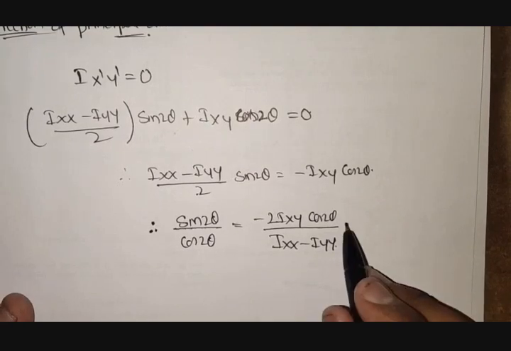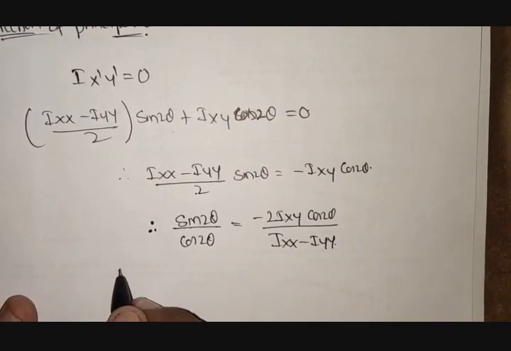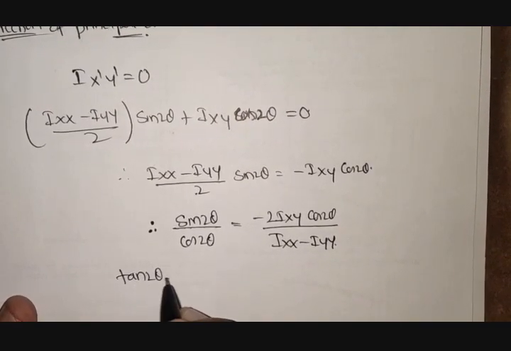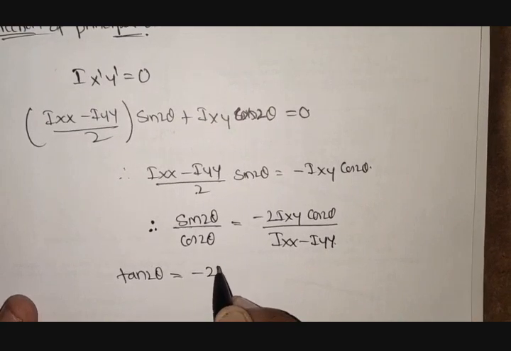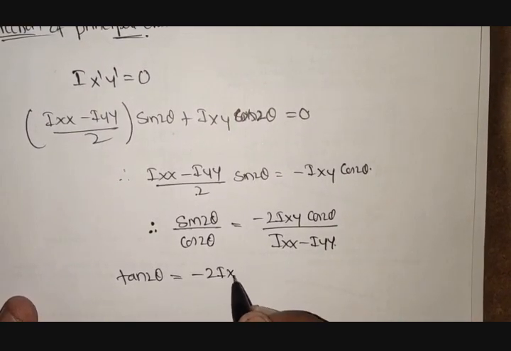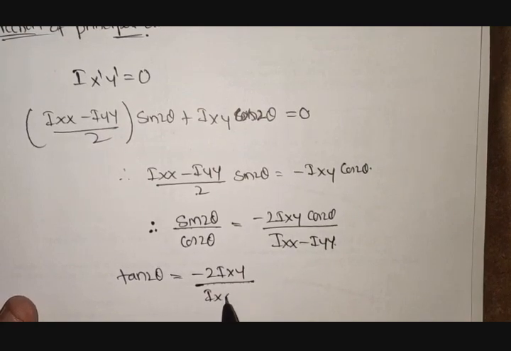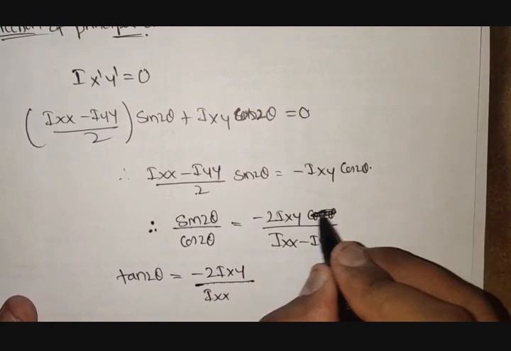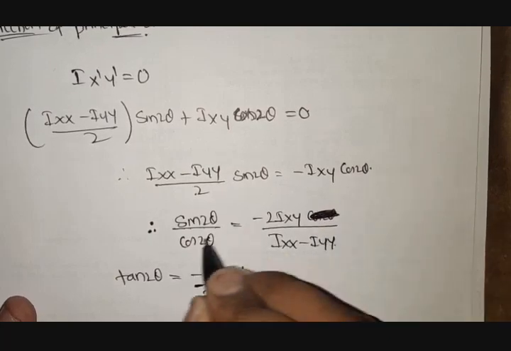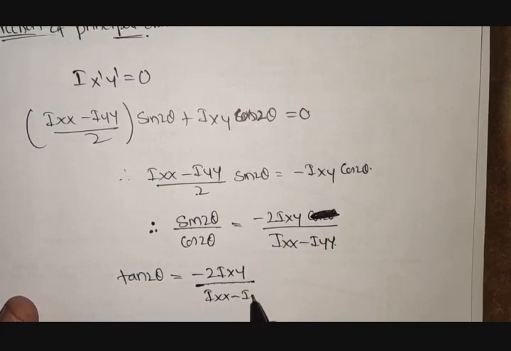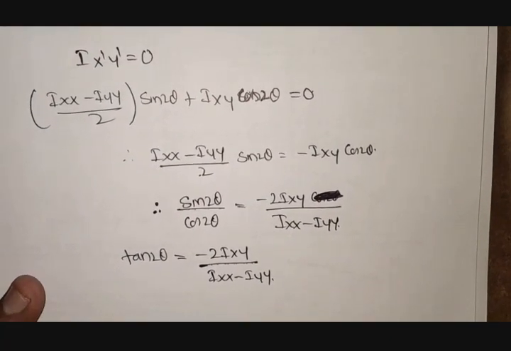So from this it is clear that sin 2 theta by cos 2 theta can be written as tan 2 theta. Tan 2 theta is equal to minus 2 Ixy by Ixx minus Iyy.